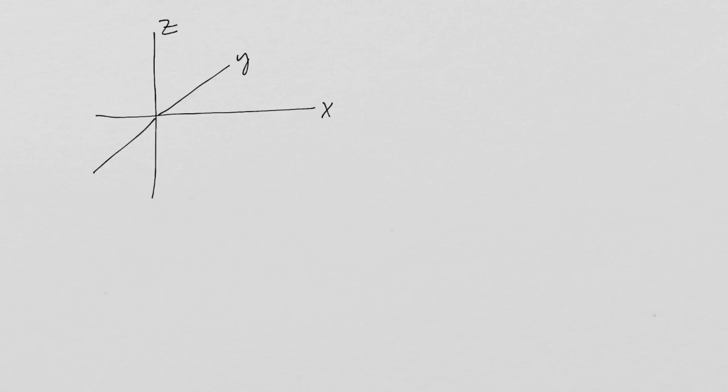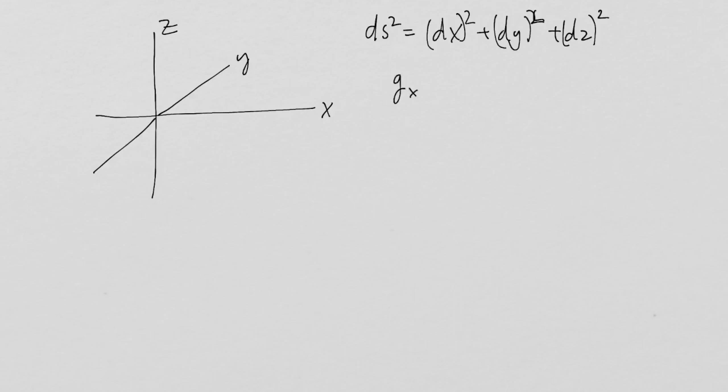And we know that the metric for Euclidean space is always written as ds squared equals dx squared plus dy squared plus dz squared, where I'm using the casual notation of a metric by describing the line element. So here I would say g_xx equals 1, g_yy equals 1, g_zz equals 1, and all of the off-diagonal elements are 0.